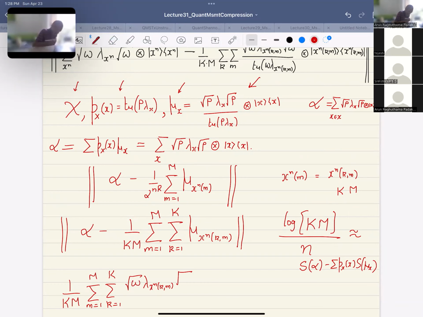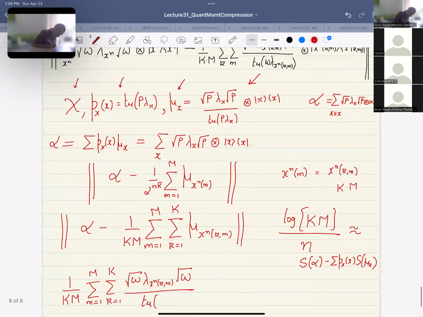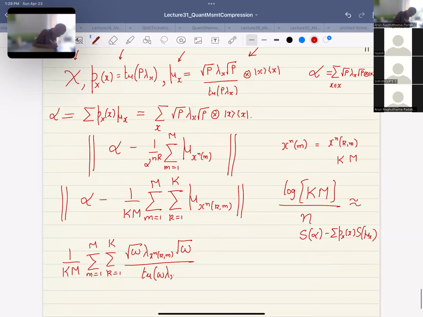You'll take the common out and then you will pull it out. Yeah, show this. I mean, it's not difficult. Trace of omega lambda_{x^n(k,m)} tensor |x^n(k,m)><x^n(k,m)|.